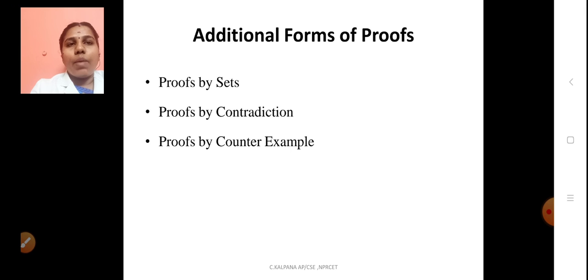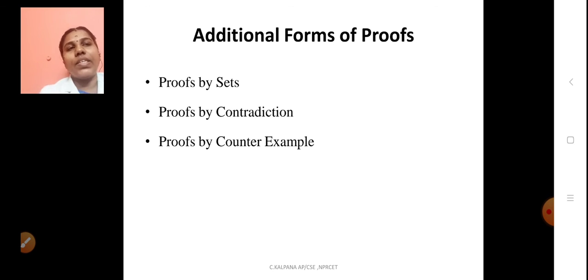And counter example represents some additional statements to prove the statement remains true. You can take n number of steps, or all the possible solutions, to prove the given statement remains true. These are the basic things in additional forms of proof.